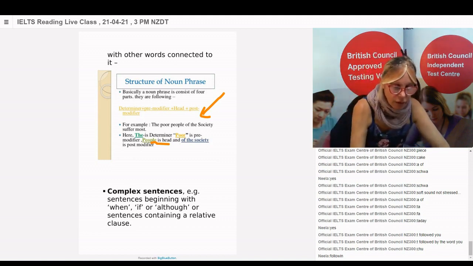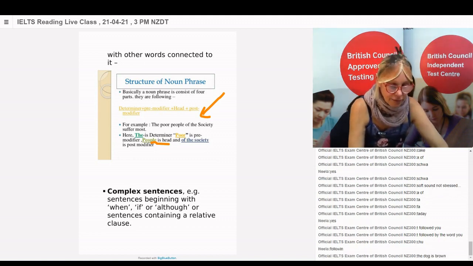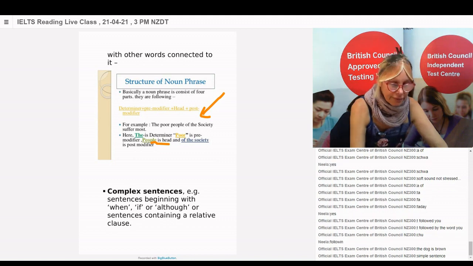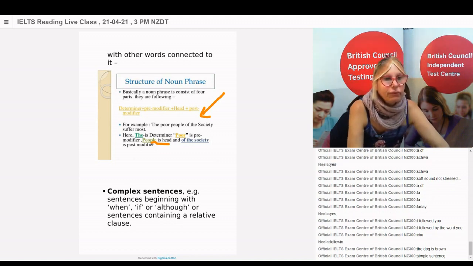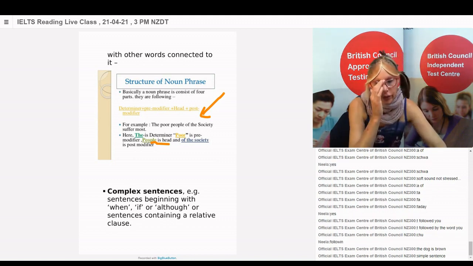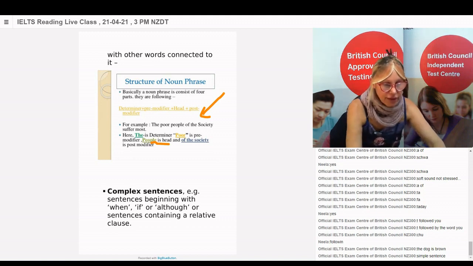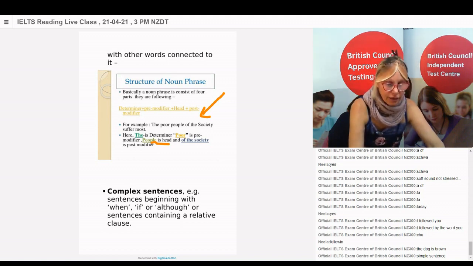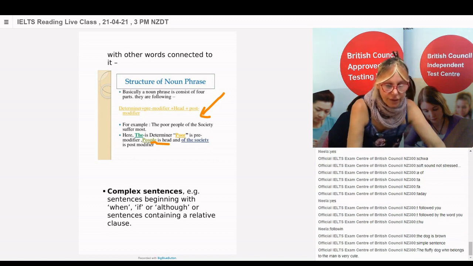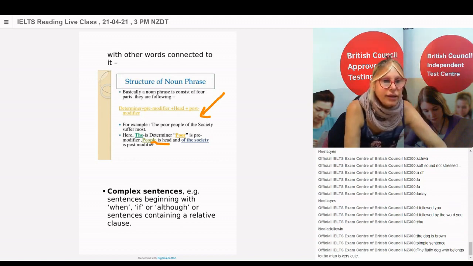But what you can see is that a simple sentence would include one noun, one head noun. For example, the dog is brown. Okay, so this is what we call a simple sentence. Now if we include other things about the dog, such as the fluffy dog who belongs to the man is very cute.